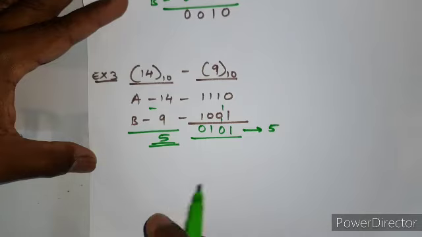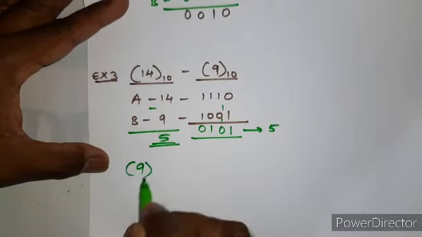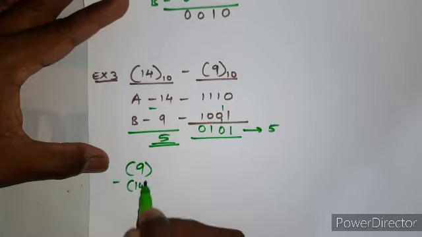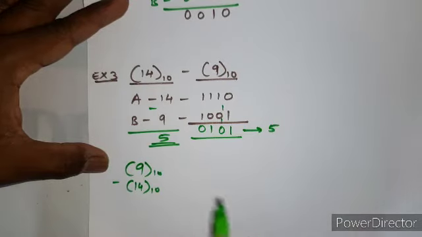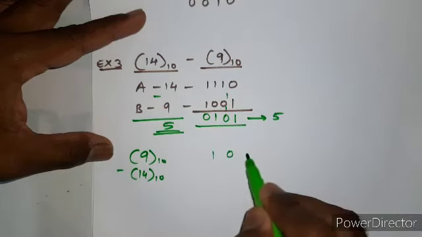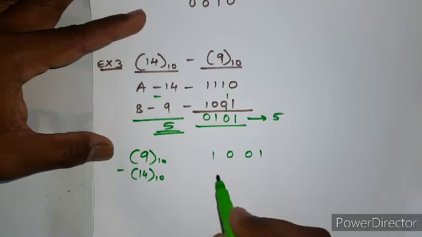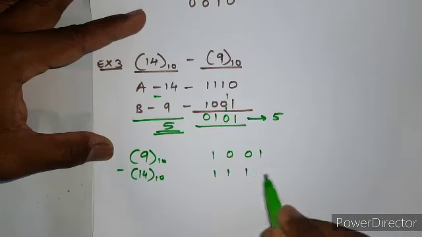Now here we have seen 14 minus 9. Let us try 9 minus 14. 9 is 1001, and 14 is 1110.